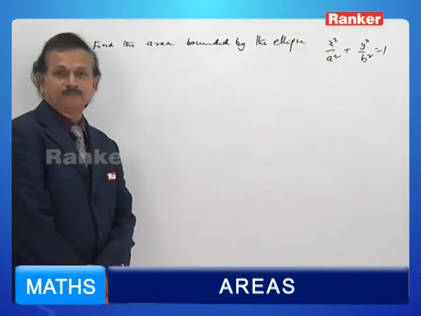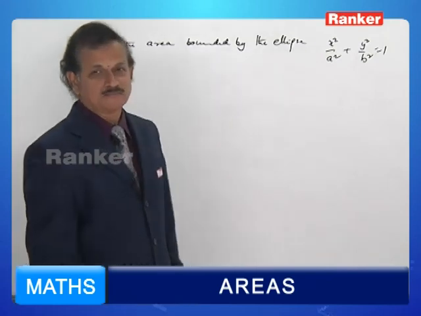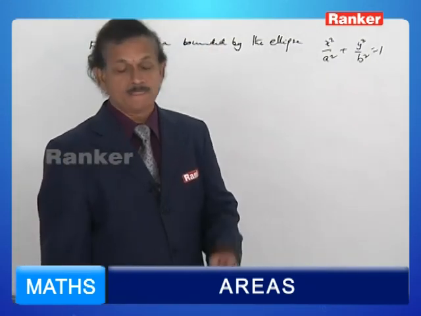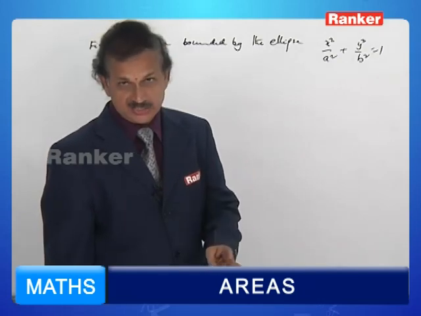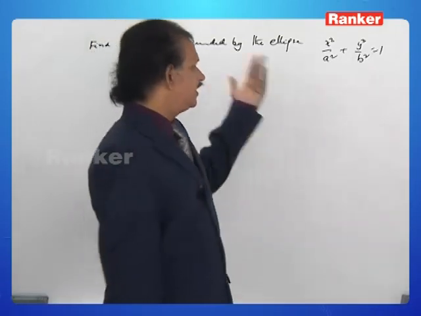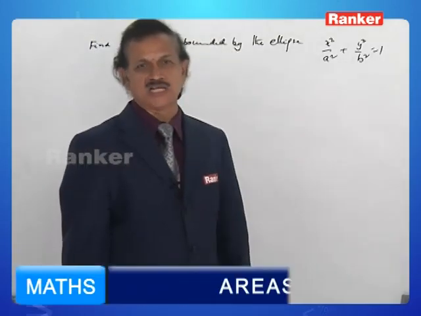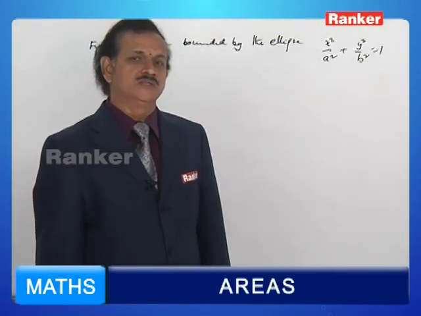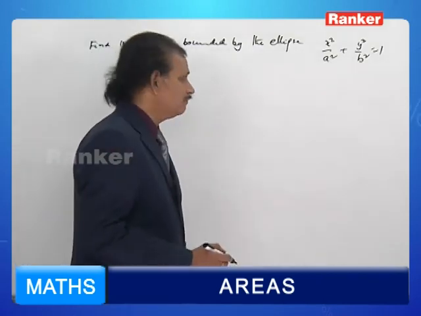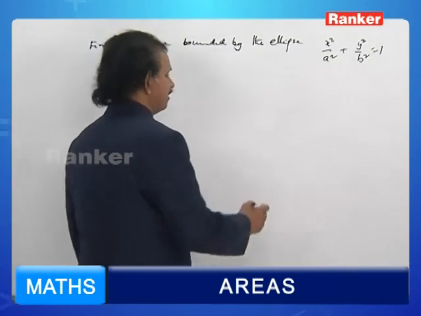Well, my dear, observe the nature of the function. It contains both even powers of x and even powers of y also. By the nature of the curve, that is the ellipse itself, we see that it is symmetric about both x-axis and y-axis. Well, my dear, let us recall the shape of that ellipse.